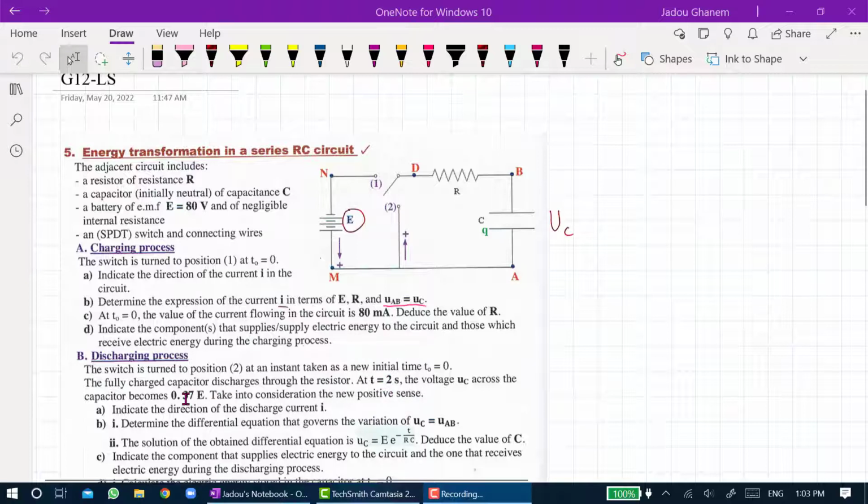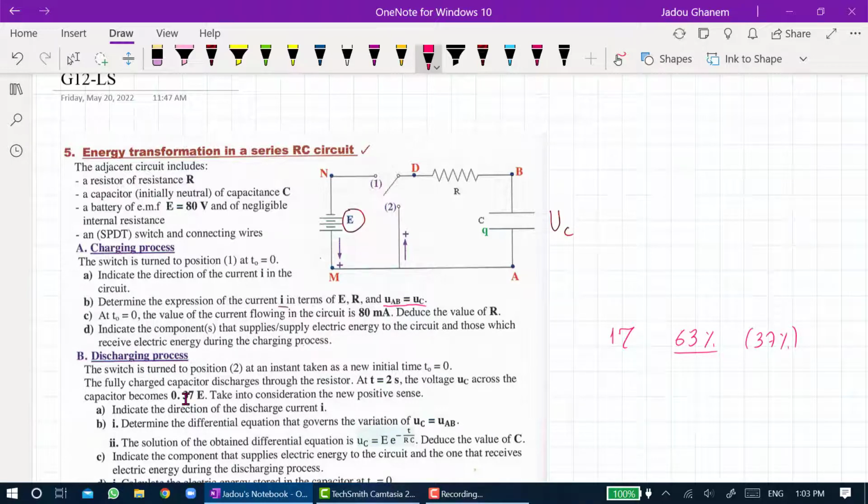Since we said during the lectures, after 1 tau the capacitor will be discharged by 63%, or it can be charged by 63% during the charging phase. So during the discharging phase, if it's discharged by 63%, the remaining percentage will be 37% out of its maximum value.